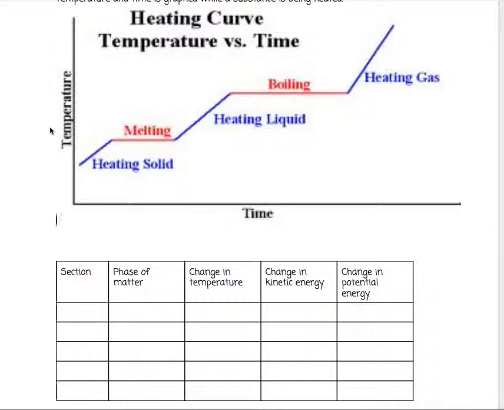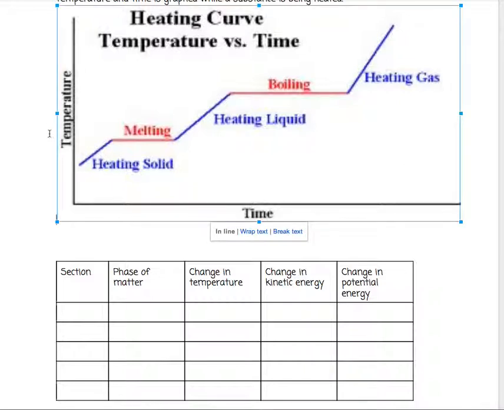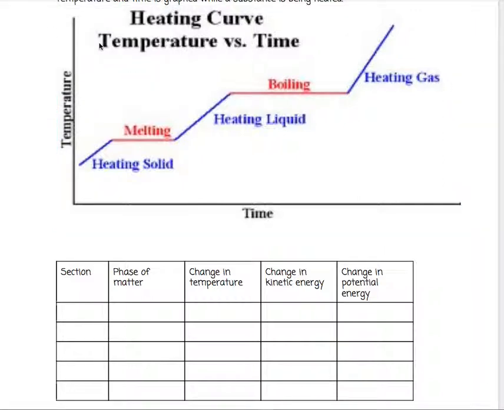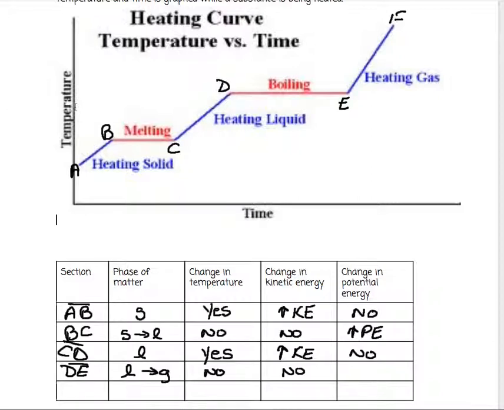Okay, if you are graphing something on your own, and they ask you what the melting point is, it's always going to be this bottom plateau. If they ask you what the boiling point is, it's always going to be the top plateau.